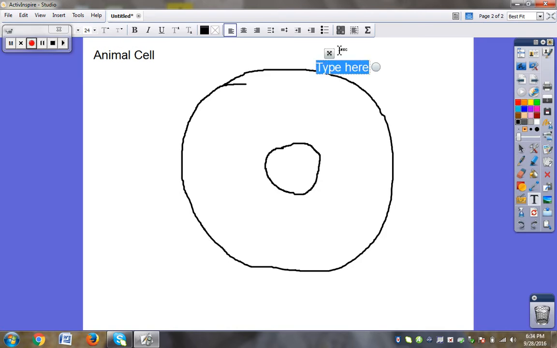So this outside part here is what we call the cell membrane. And then this part in here is what we call the nucleus of the cell. Now, some of you who already know about atoms may remember that atoms have a nucleus too. That's a different kind of nucleus.